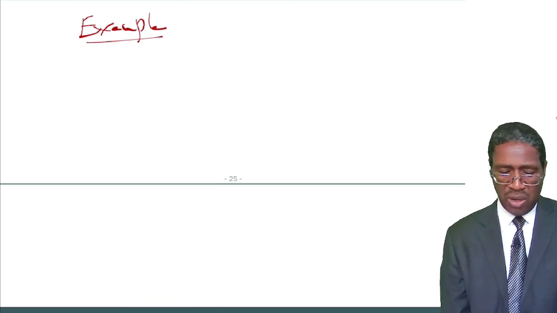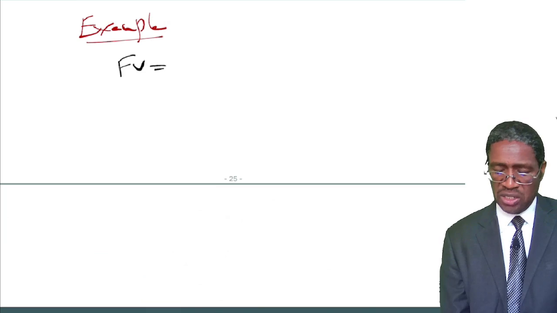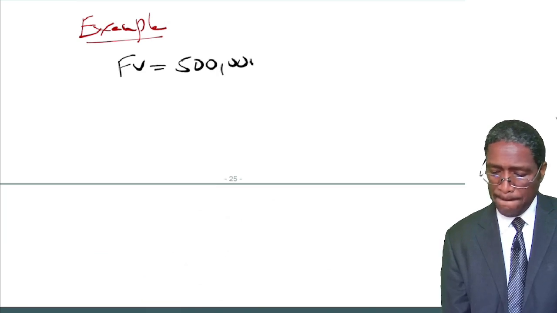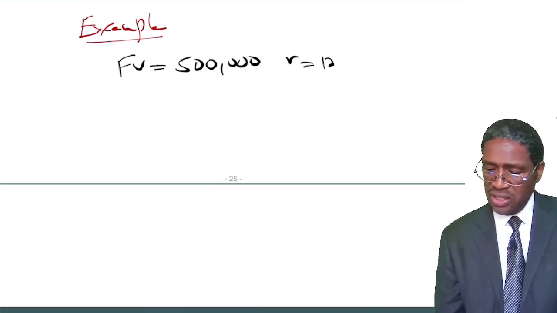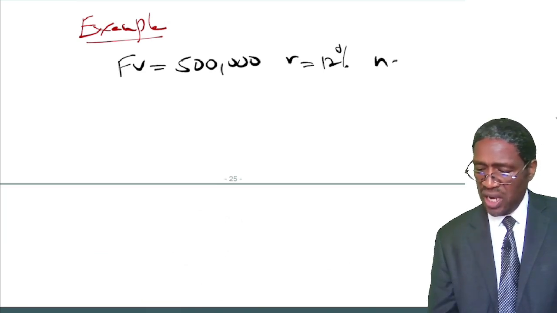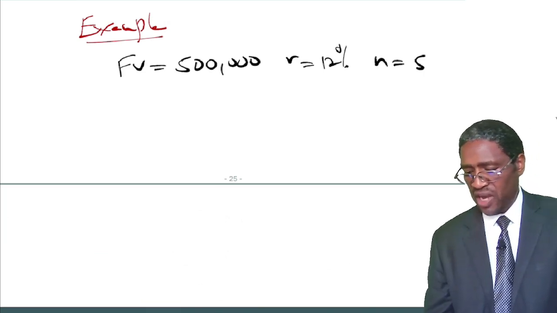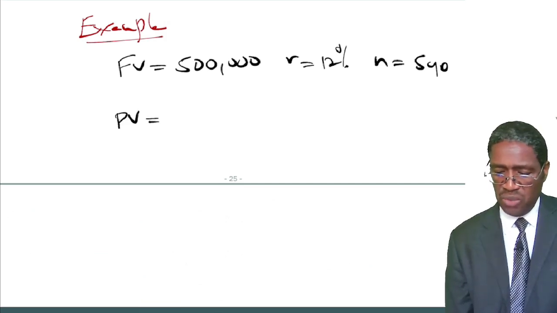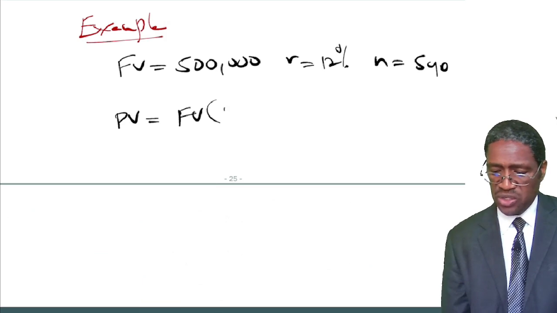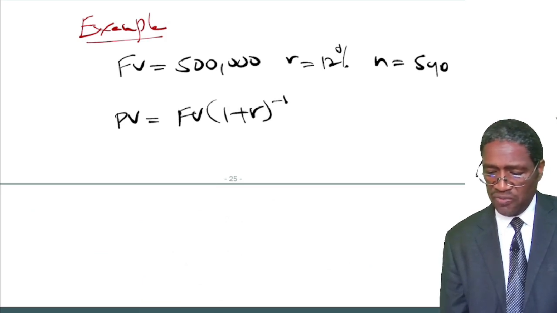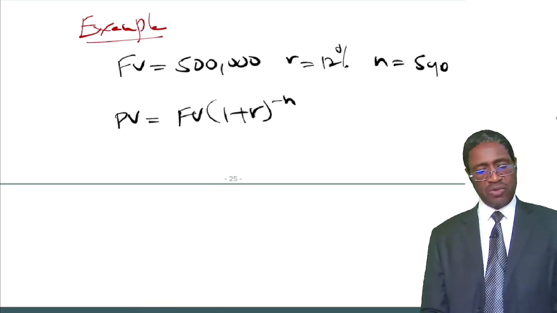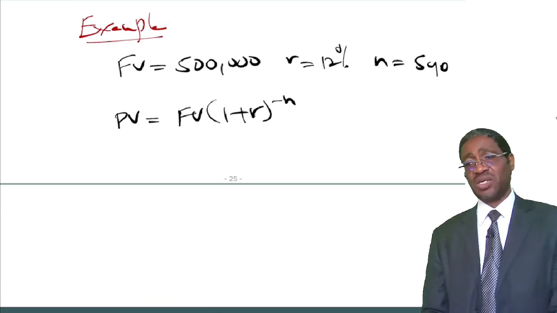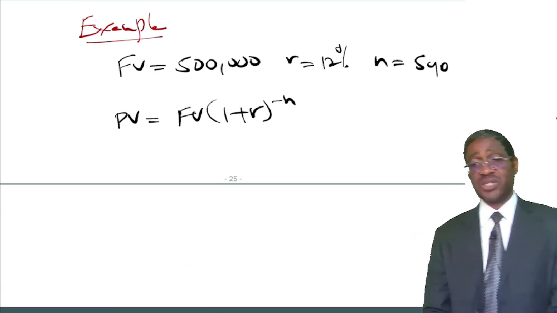We are saying our future value is 500,000. Our R is 12% and our N is 5 years. Present value will be future value into 1 plus R to the power of negative n. So that's our formula for getting the present value.